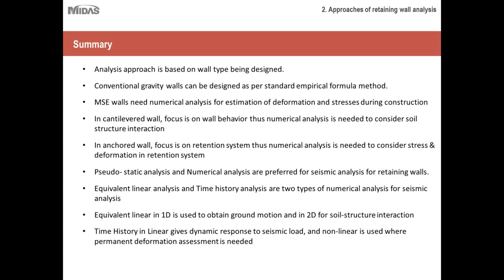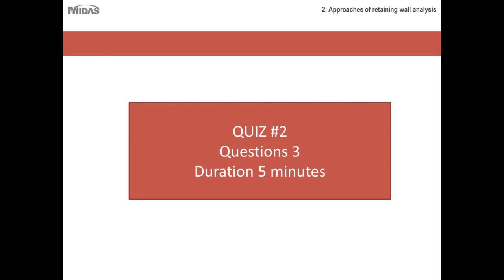So basically, nonlinear time history analysis is the ultimate thing that you could do for a retaining wall in a high seismic zone. But most of the time we do linear time history to determine the dynamic response of the structure due to the seismic load. Thus, nonlinear time history is useful in high seismic zones.